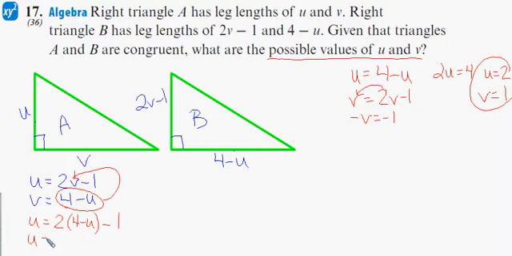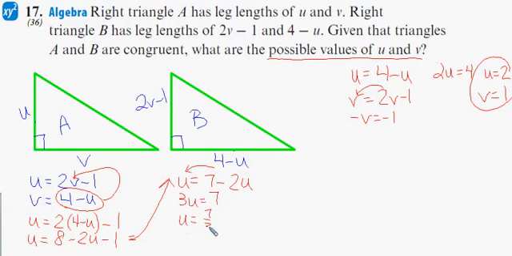Using the distributive property, I get U is equal to 8 minus 2U minus 1. Simplifying, we get U equals 7 minus 2U. Again, I'm going to bring this 2U over here. That gives me 3U is equal to 7, which means U is equal to 7/3.